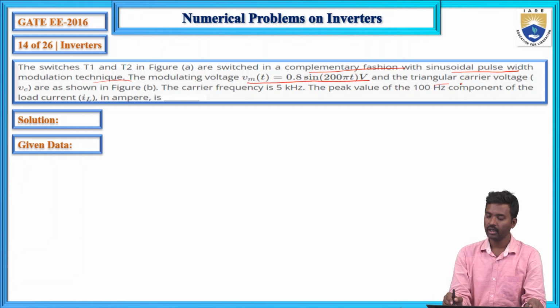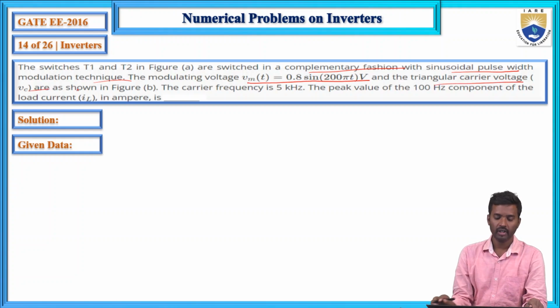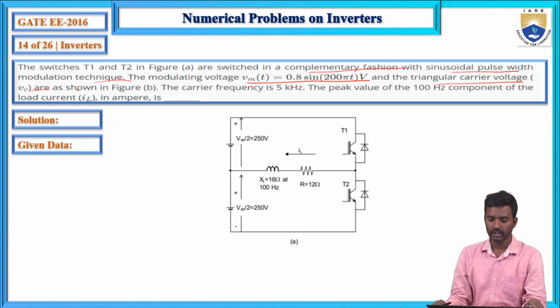The triangular carrier frequency is given in figure 2. This is your half bridge inverter, 2 switches. Now this is an RL load. The carrier frequency is given as 50 Hz. We need the peak value of the 100 Hz component of load current.